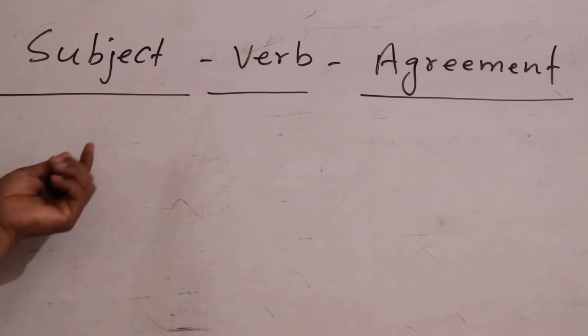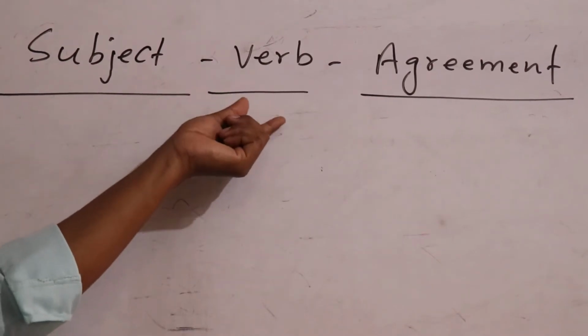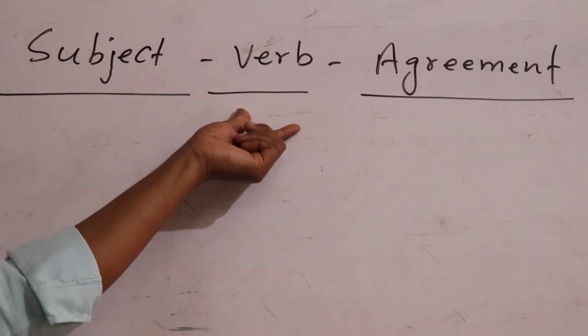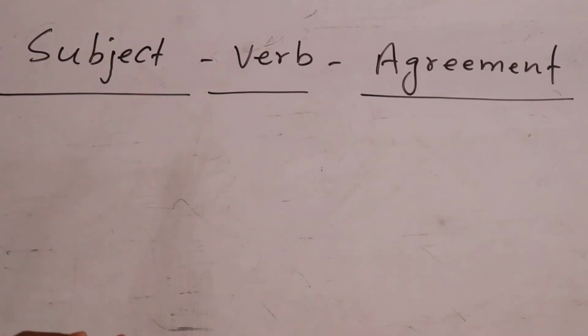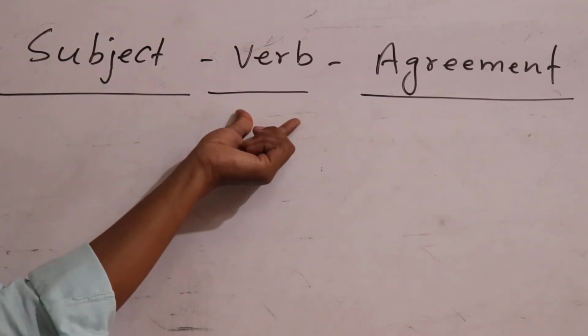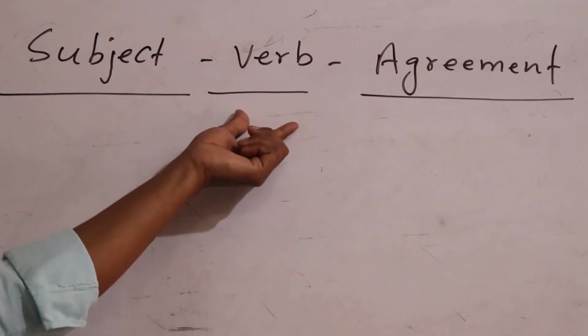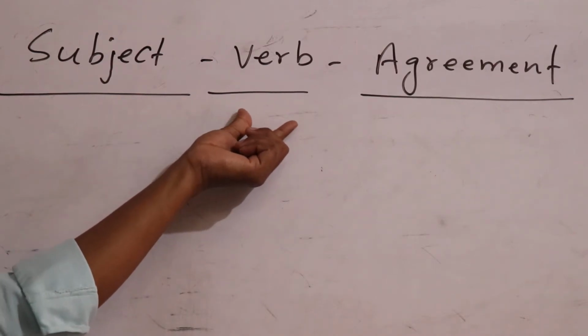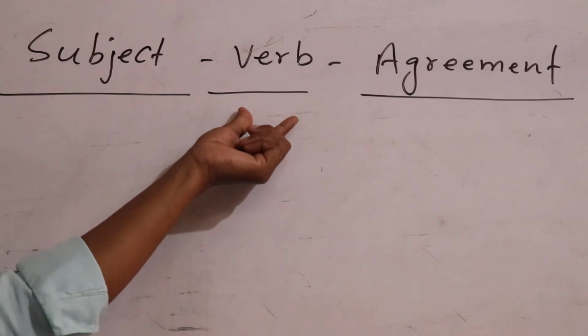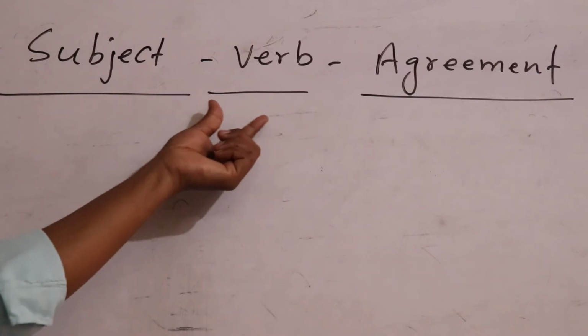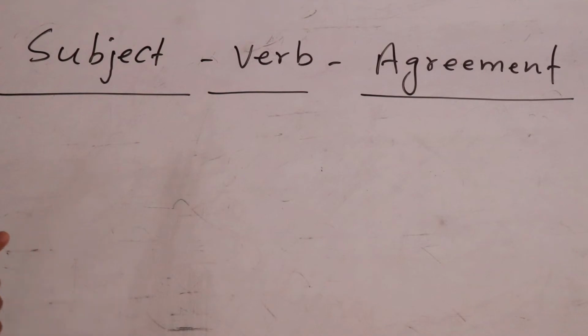Without verb we cannot make any sentence. In every sentence there is a verb. Can you imagine any sentence without verb? No. There must be a verb. So verb is very important in English grammar or the English language.